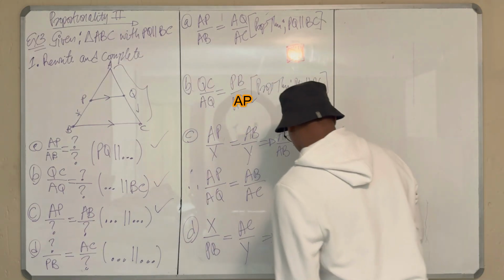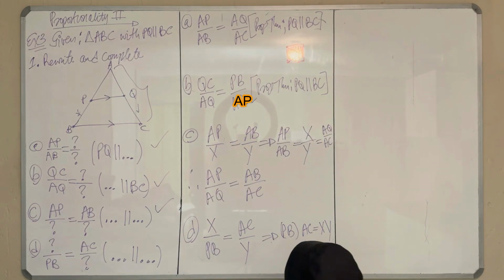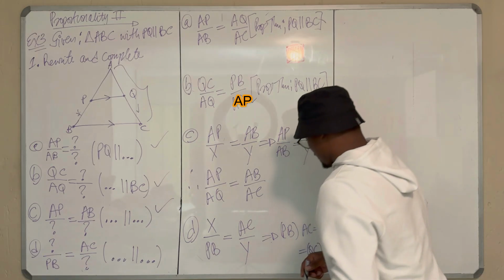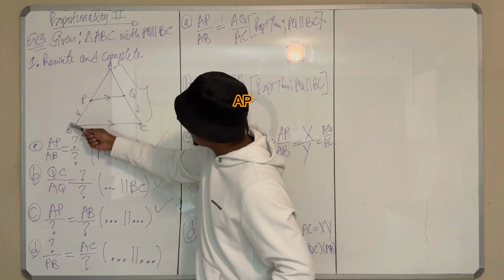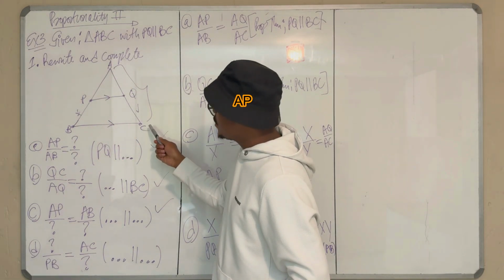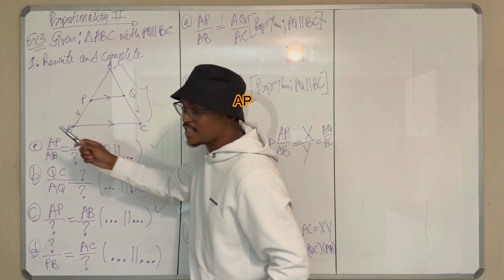So it's going to be QC times the other side, which is AB. I think I'm lost now. We said PB times AC, so this lower part times the other side AB.